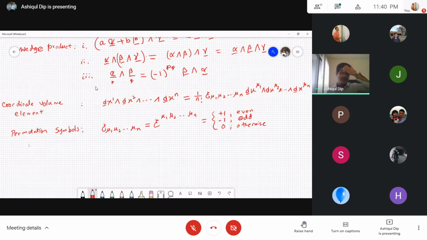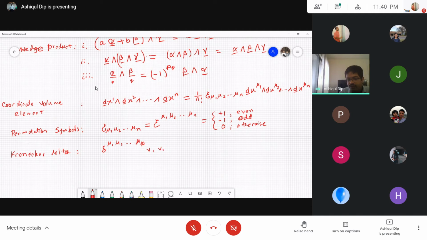Then we had another permutation symbol, basically the Kronecker delta. It's defined with up to P indices, mu1, mu2 up to mu P, but the dimension could be n.